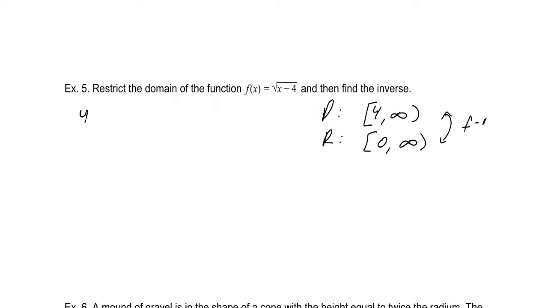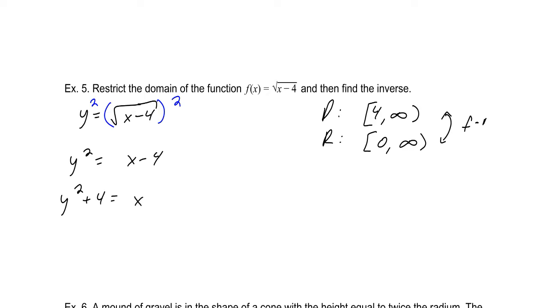We'll write this as y equals the square root of x minus 4. Squaring both sides, we have y squared equals x minus 4, and then adding 4 to both sides, y squared plus 4 equals x, so f inverse of x is x squared plus 4.